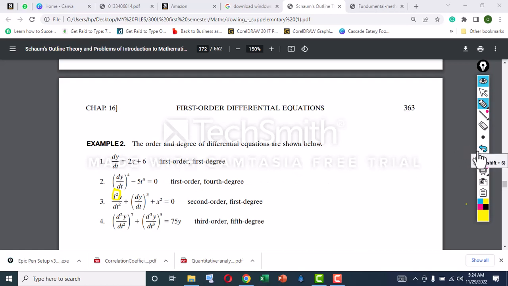Now it's actually different from when we have the power outside like this. Can you see we have the power after the d? It's different from when we have the power outside like this. So the order is the one after the d, meaning this one shows that we are doing the differentiation twice.